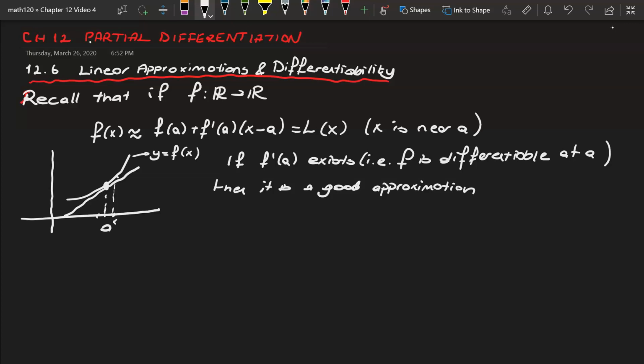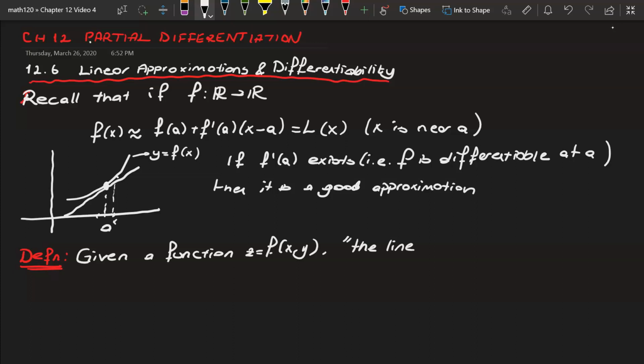Okay, now let me write the definition of linearization of a several variable function. Given a function z is f of x, y, the linearization of f at (a, b) is the following equation.